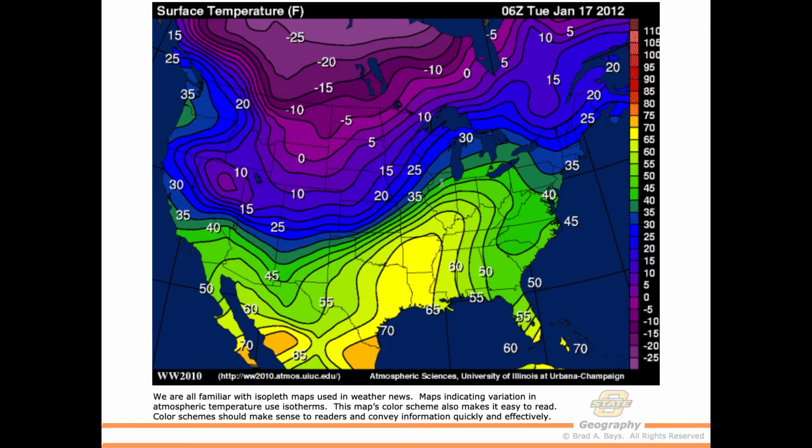Now, where would you expect to have high winds at the surface? If you looked at this map, you would say the winds are blowing really, really strongly in Oklahoma at the moment, because this is temperature, but it could also be applied to a certain degree as barometric pressure.